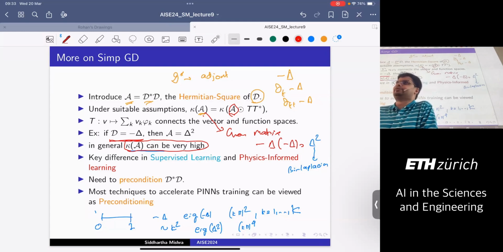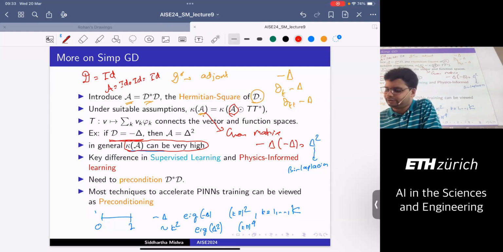And this is the key difference, because if you had supervised learning, this is if you train with respect to labels, then this D, the differential operator in that case, would simply be the identity, right? And A would be identity composed with identity, which would be simply identity. And there, the condition number would simply depend on the condition number of the neural tangent kernel. Okay, it's not always 1, but it's a relatively nice number.